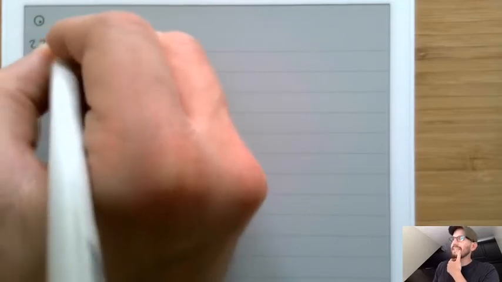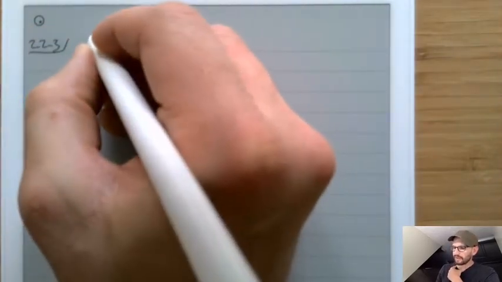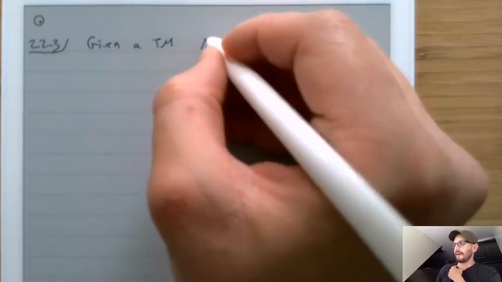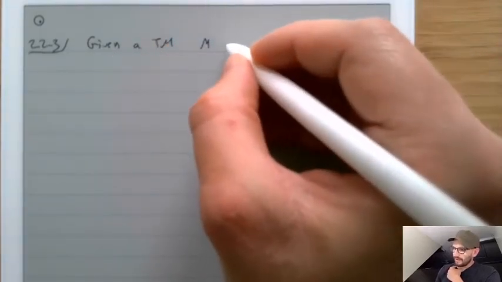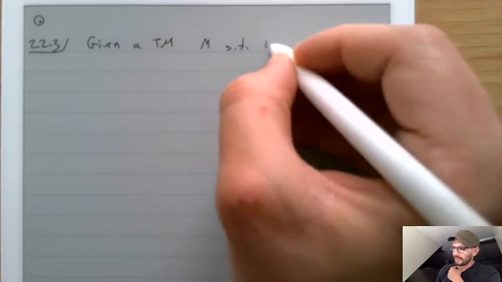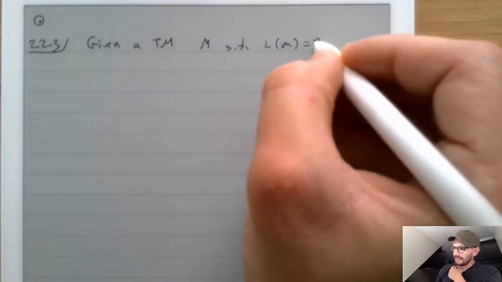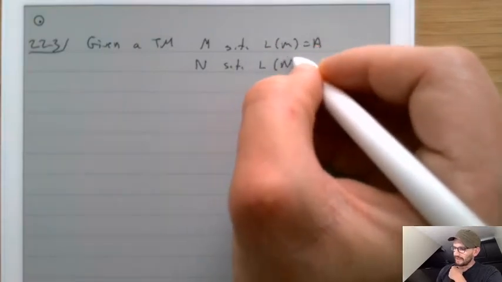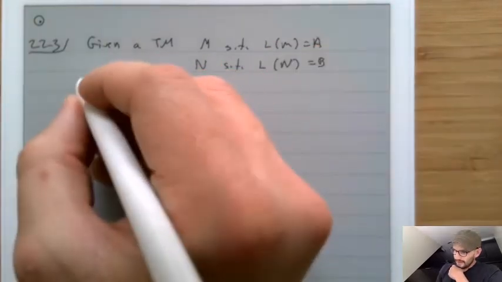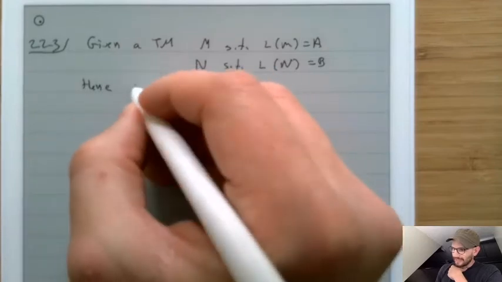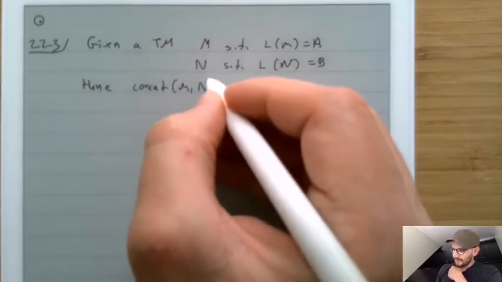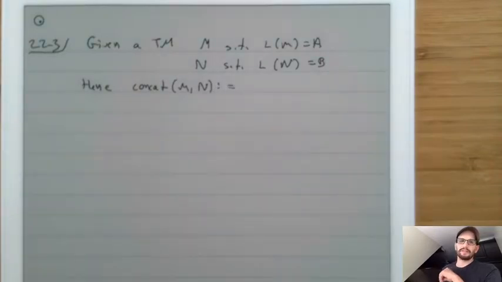Okay, so the key idea is that let's suppose that we have a function. We're going to say given a Turing machine M, such that the language of M is equal to A, and given N such that the language of N is equal to B, then concat of M, N is going to be the following Turing machine.